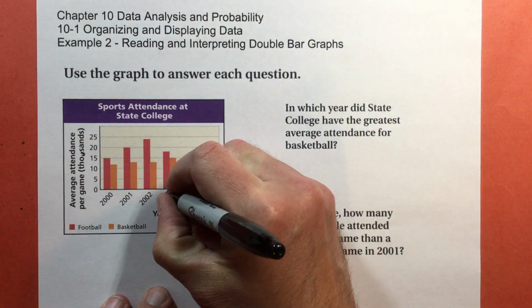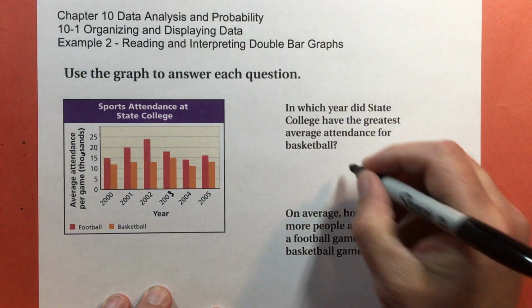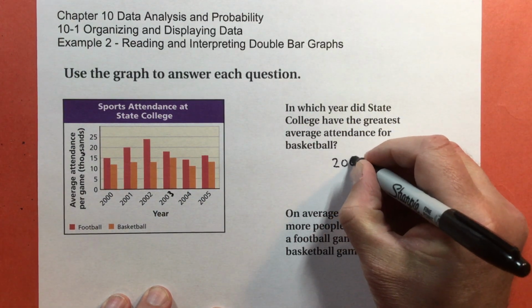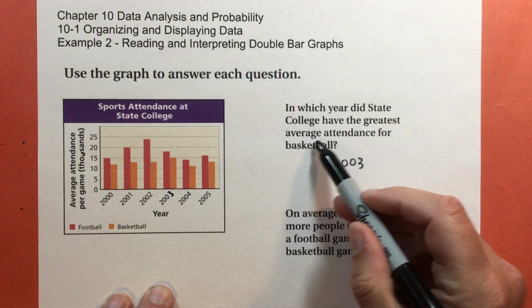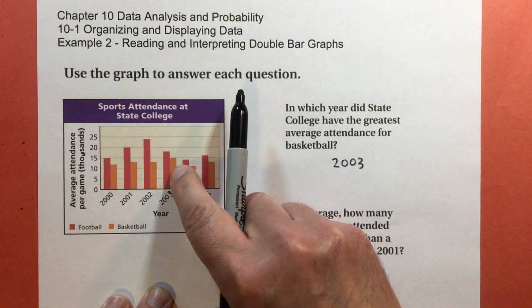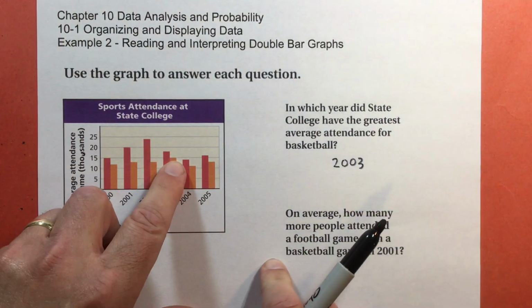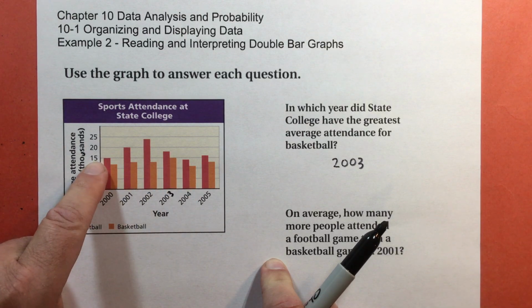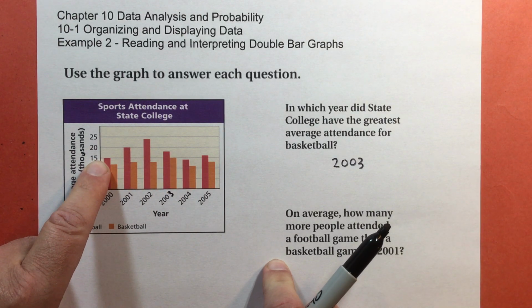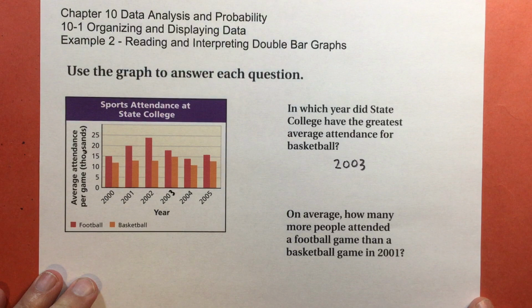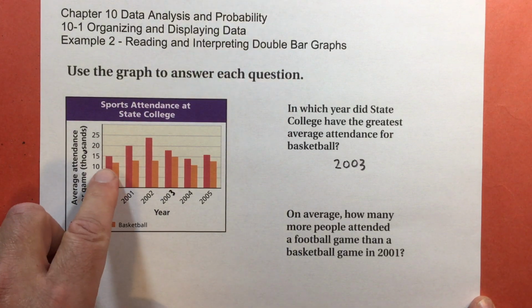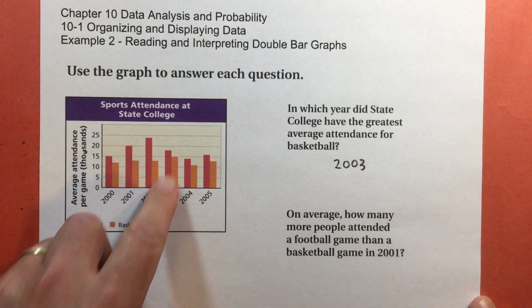There's another place where the number dropped off. So it looks like in the year 2003, the greatest average attendance for basketball was right there. And if I look at the number, it'd be about 15,000 spectators per game. All of the other ones are over 10,000, but none of them are up to 15,000.